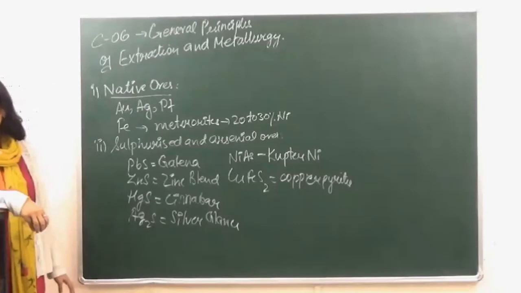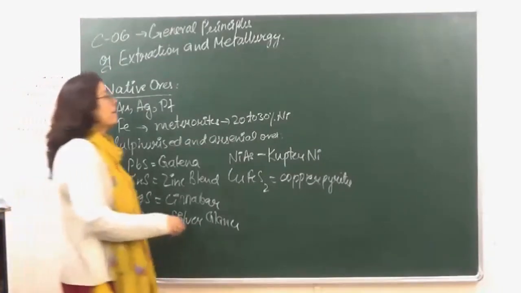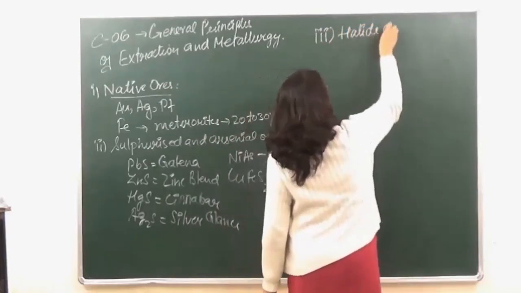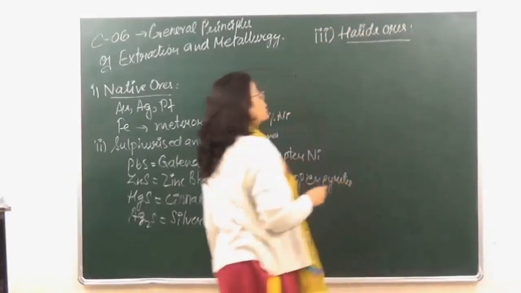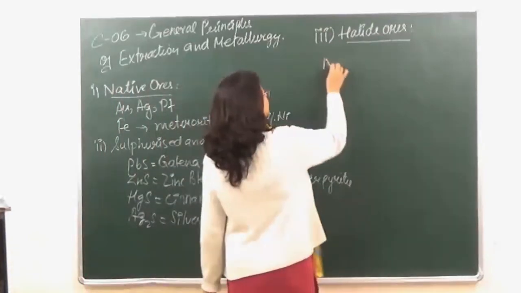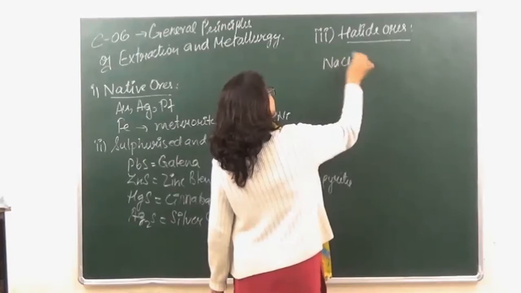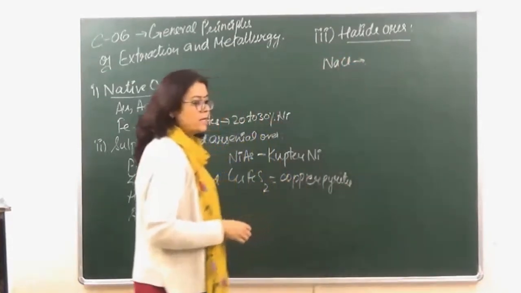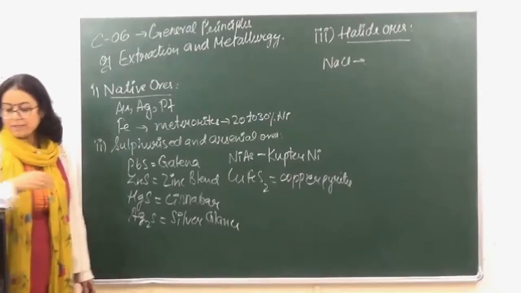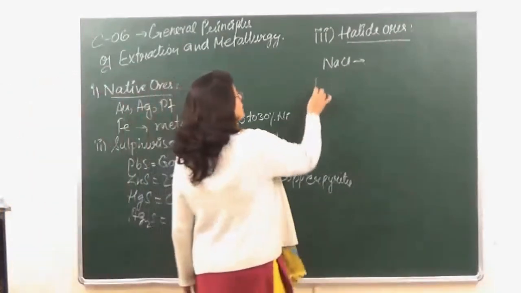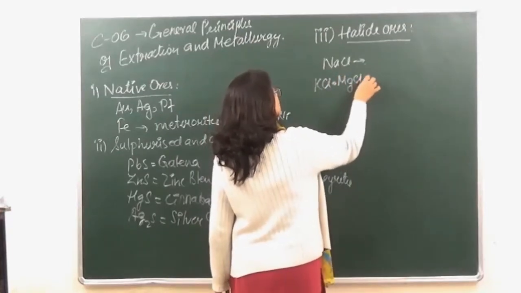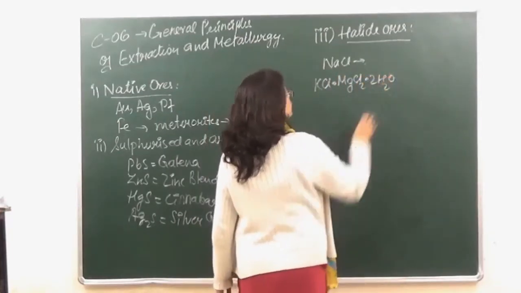The third type of ores we have are halide ores. The most common type of halide ore is NaCl, rock salt, as we call it. Then we have carnallite, KCl.MgCl2.6H2O.